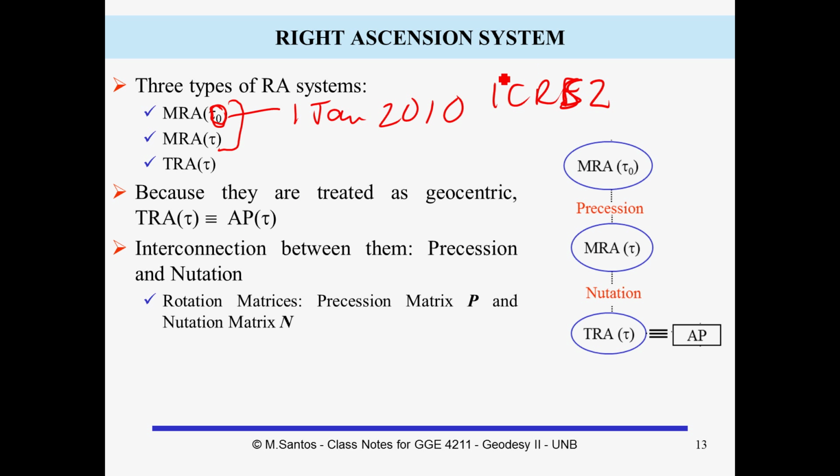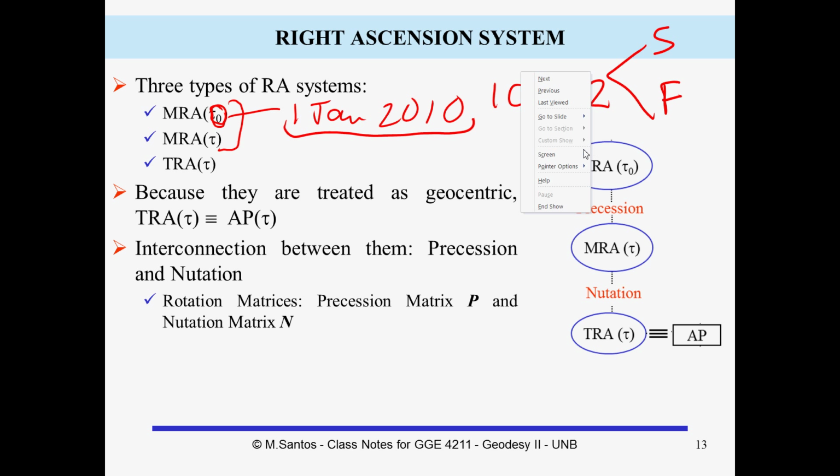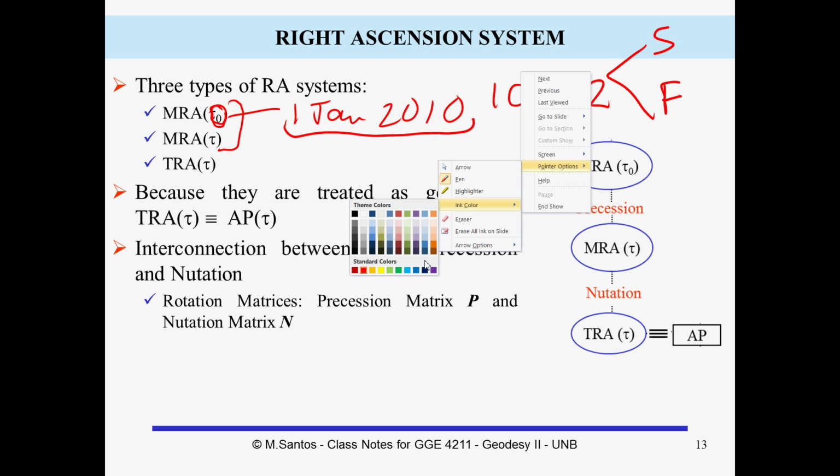Okay, so I should actually go and get a different color now, because it's getting messier here. And someone over here is telling me green. Okay, so ICRF, the International Celestial Reference Frame 2, is the one that has the epoch 2010, which means it's dealing with the materialization.